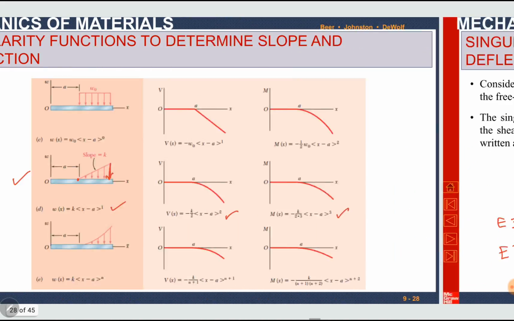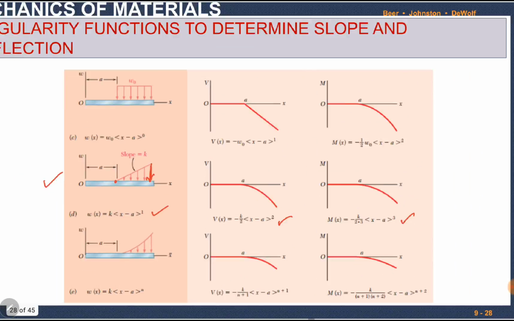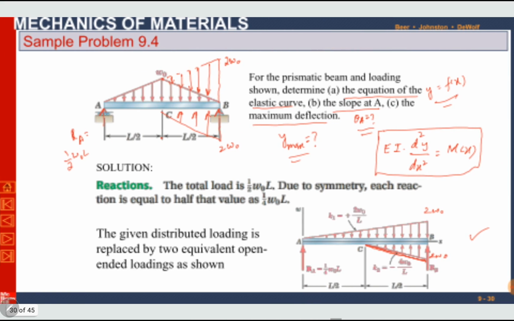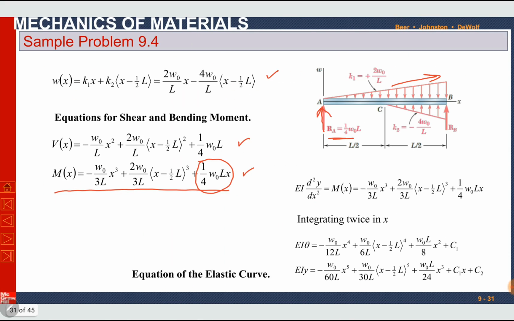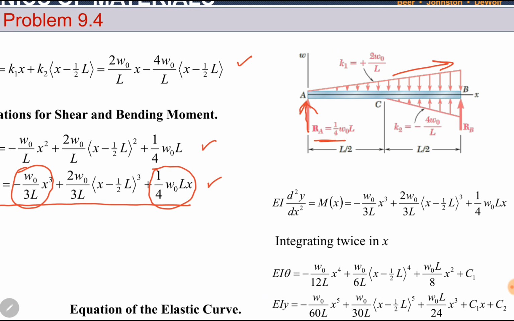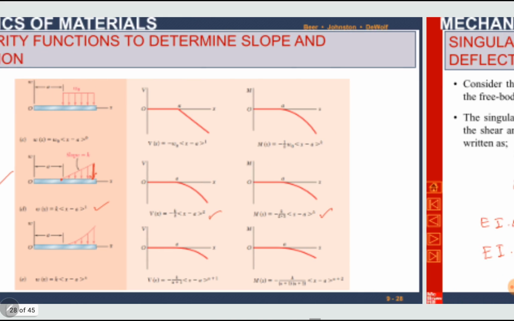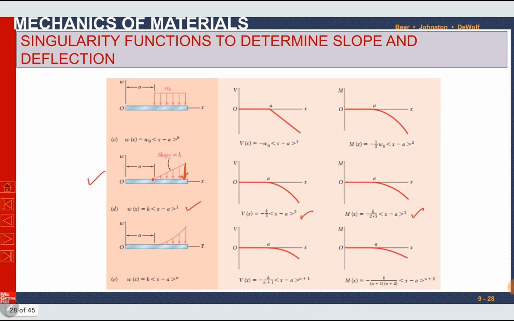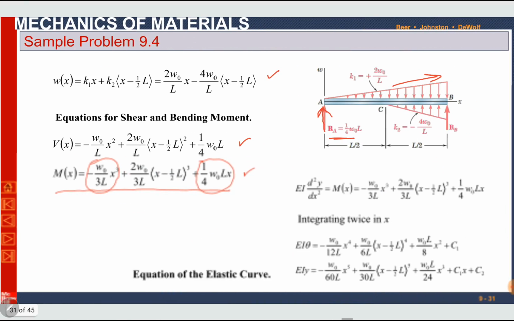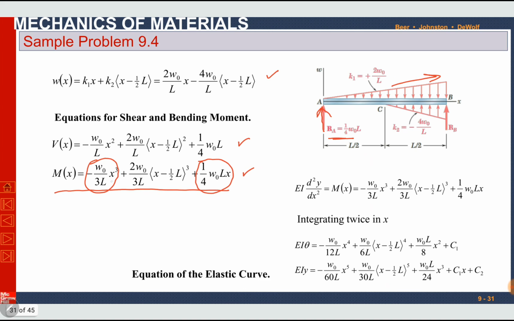It is with negative sign, so we will use the same thing here with negative sign. K is 2 W naught divided by L into x minus 0 power 3. X minus 0 power 3 is x cube. 2 W naught by L divided by 6, so it becomes W naught divided by 3L x cube.